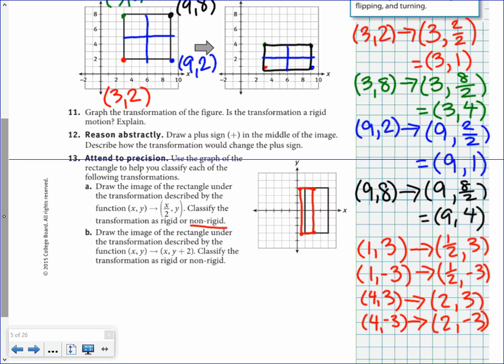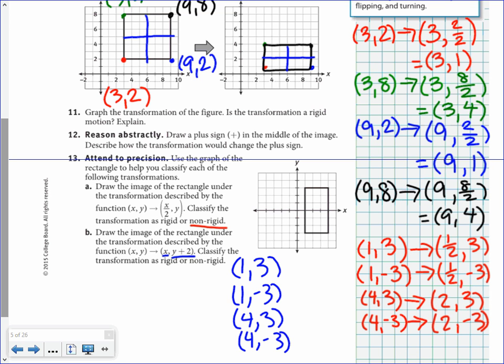Now, part B wants us to classify this new one as rigid or non-rigid. So it takes our x's and stays as x, and our y goes to y plus 2. So our points (1, 3), (1, -3), (4, 3), and (4, -3) are going to have a different transformation this time. The x value stays as 1 and 4.